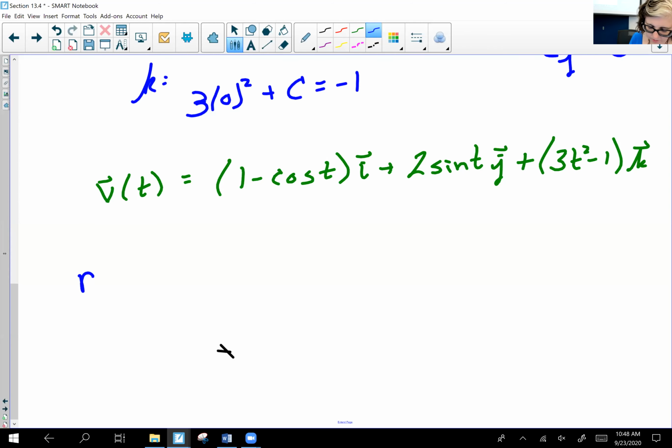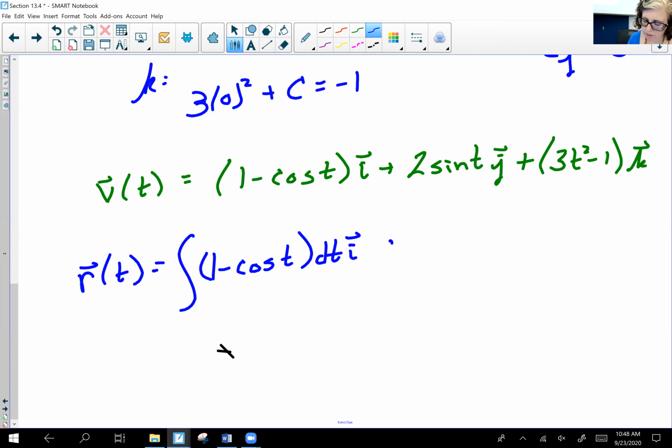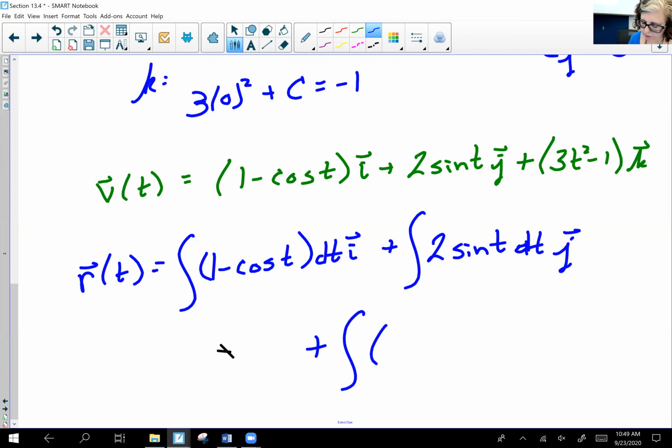We're going to have the integral of 1 minus the cosine of t dt, that's my I component, the integral of 2 sine of t dt j, and then one more component, the integral of 3t squared minus 1 dt, and that's going to be k.